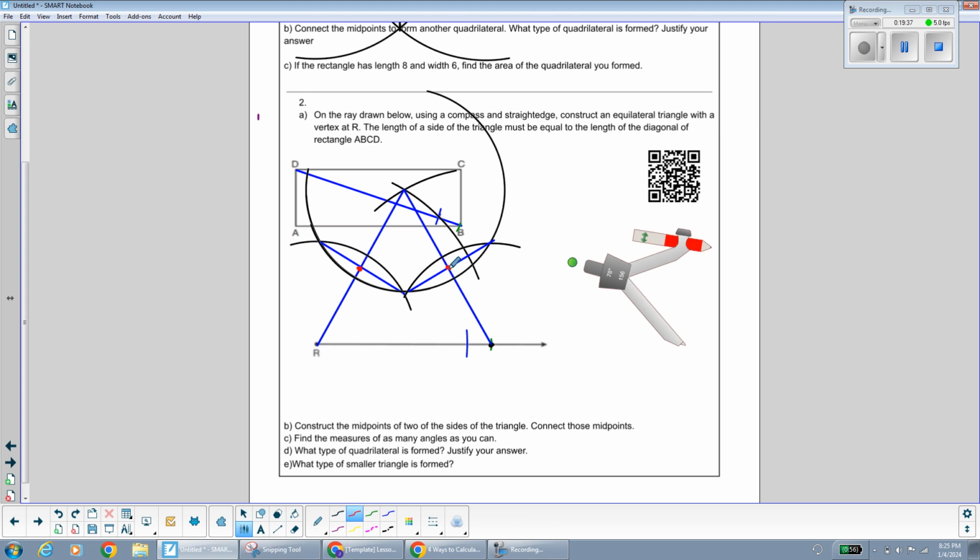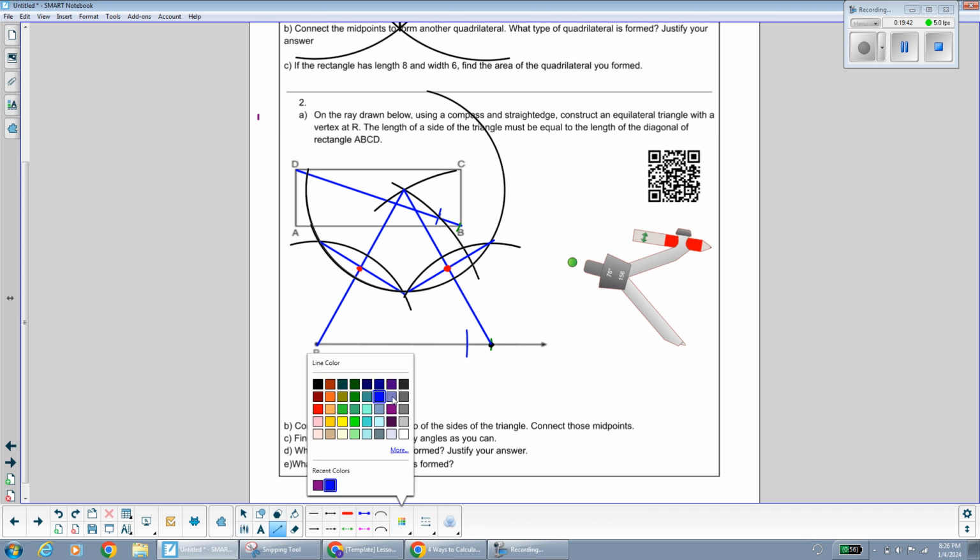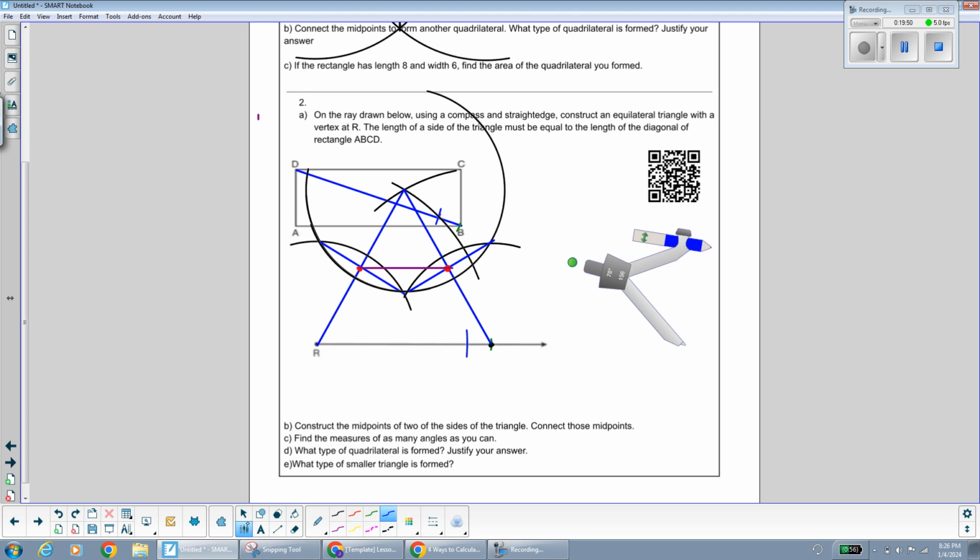And then it says to connect the midpoints of the sides together. Then it says to find as many angle measurements as we can. We started off with an equilateral triangle, so all three of the angles measure 60 degrees, as they do in any equilateral triangle.